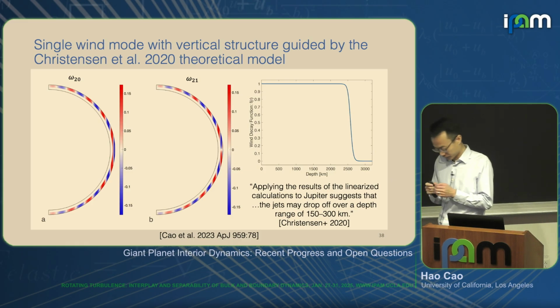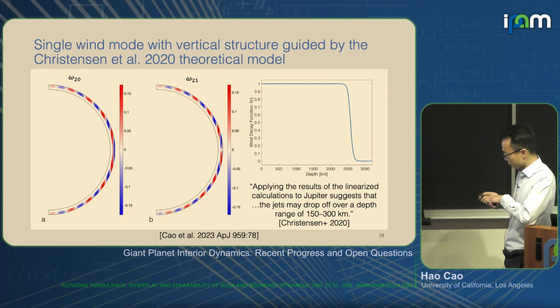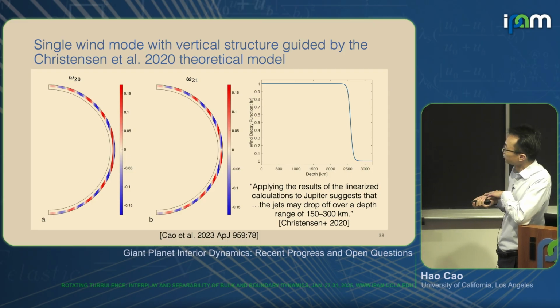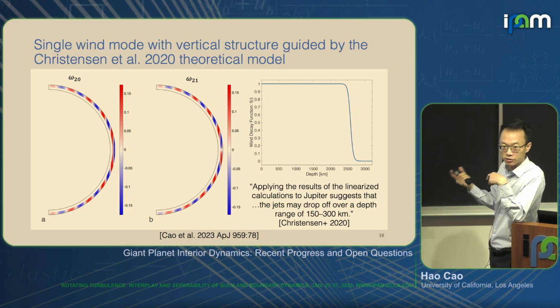So just like I construct the gravity field, I can forward construct any wind I want, then compute the gravitational harmonics associated with that wind. I just do a bunch of what we call single wind modes.